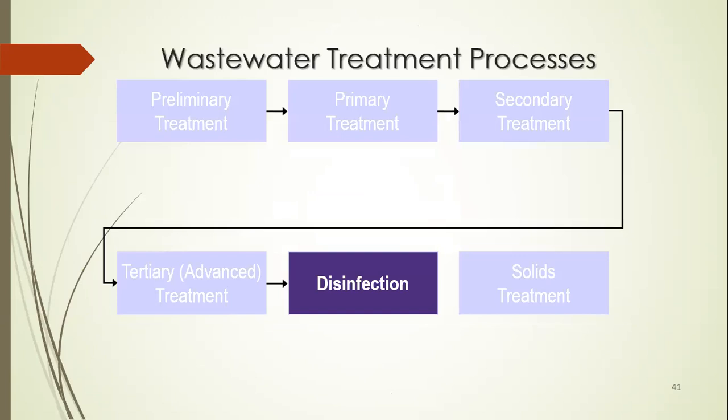So after the separation of water from the solids, we need to get rid of the pathogenic compounds, if any. Disinfection is the process where we introduce disinfectants such as chlorine, UV radiation, ozone to kill pathogens that are released after the secondary treatment operation.